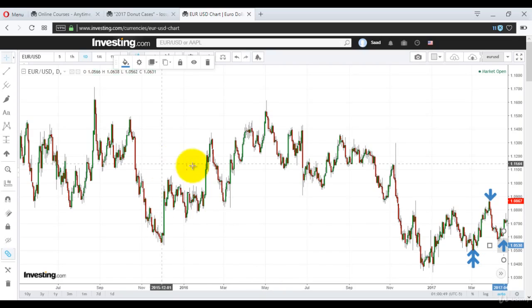But if it is doing this, for example, this is the first high, second high, not a good sight. First high, second high, third high, fourth high, all highs are pointing lower. Not a good mark.